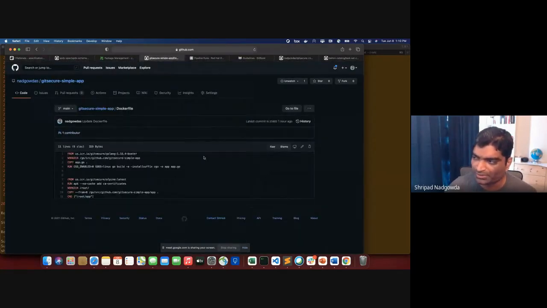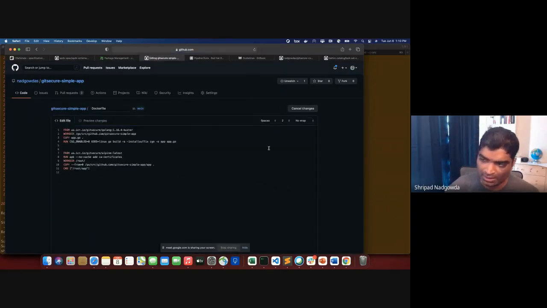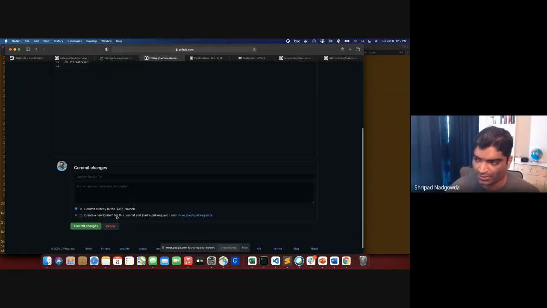These two base images that are there are both signed; I signed them a priori and set it up. But if I go and change this, let's say I put in 115, as a developer I don't know whether that particular image is signed or not. I'm just creating a change request.